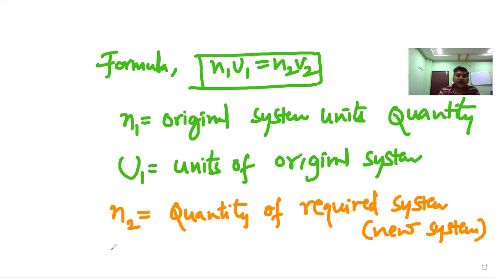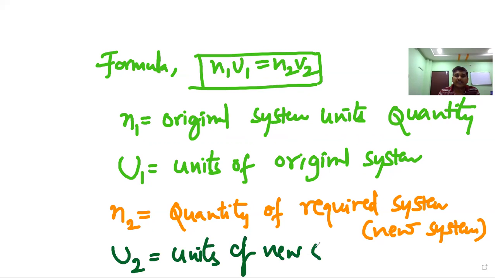Okay. The U2 is the units of the new system in which you want to convert.